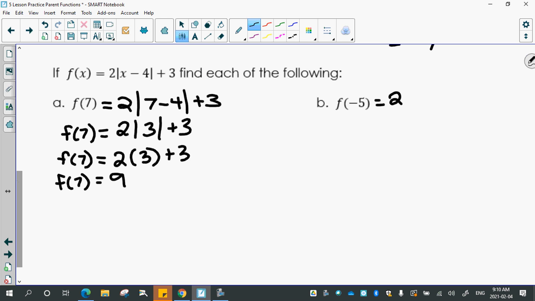Okay, so lots of people substituting in -5 for x, which is great.